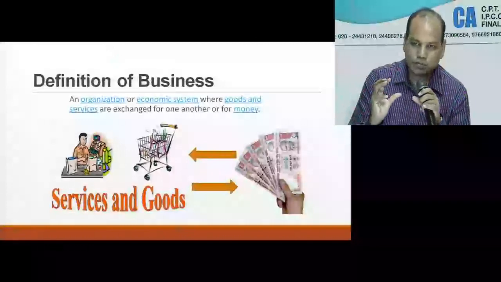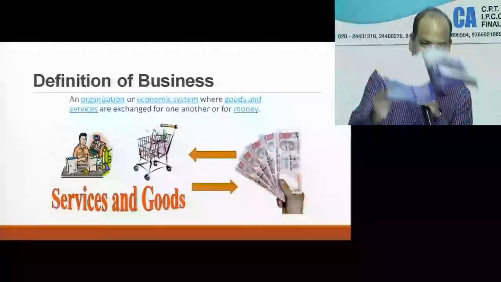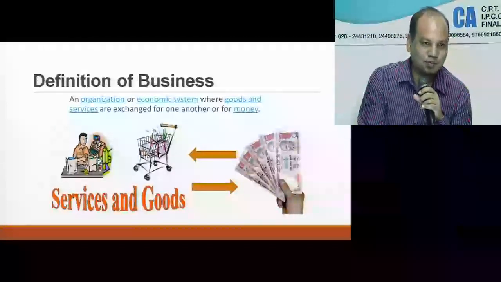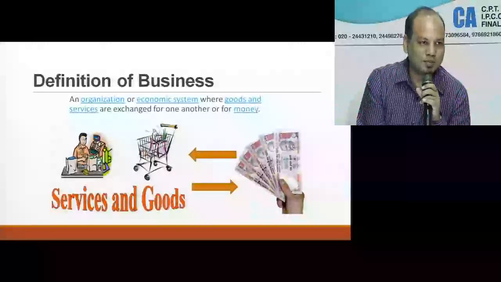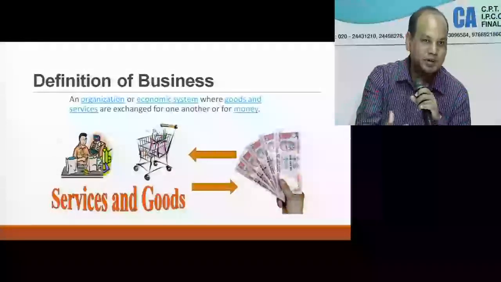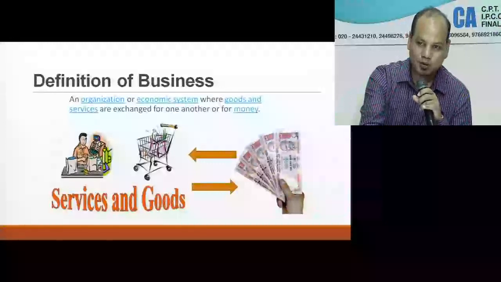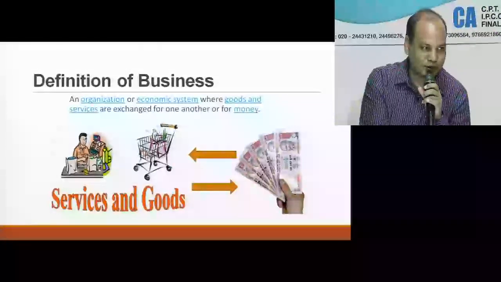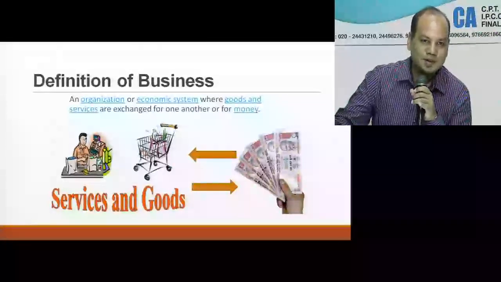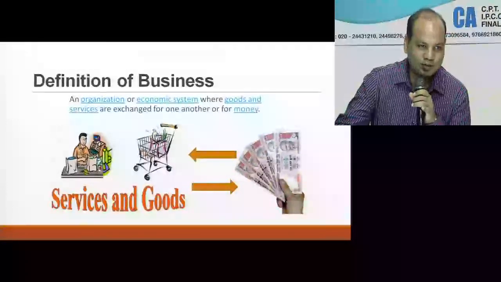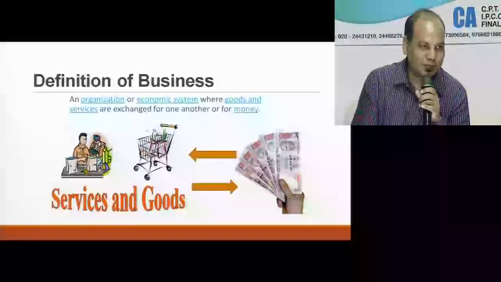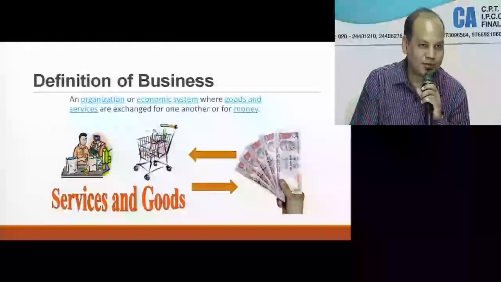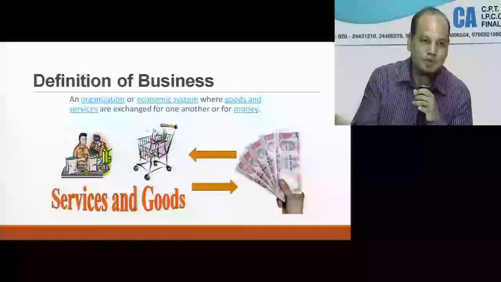For example, you have seen this booklet, this simple booklet you have. So you can imagine how many processes we had to go through to finally complete this book. Is it right? Somebody must have manufactured the paper on which this book is printed. Somebody must have manufactured the ink which has been used to print this book. Somebody must have invented the computer on which we originally wrote the book. Then somebody must have designed a software in which so many things have been used. Then there is a printing press which was used to print this book.